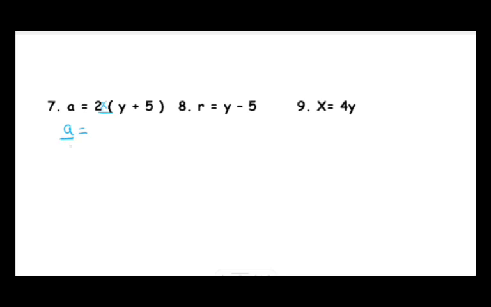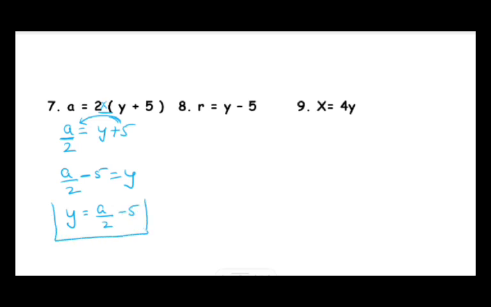If you can straight away bring it down as A upon 2 is equal to y plus 5. If the plus 5 moves on to the left hand side, it becomes minus 5 is equal to y. Bring the y to the left hand side, A upon 2 minus 5. That's your answer.